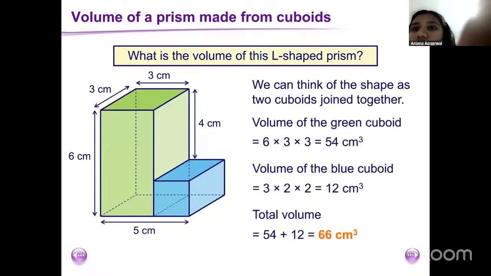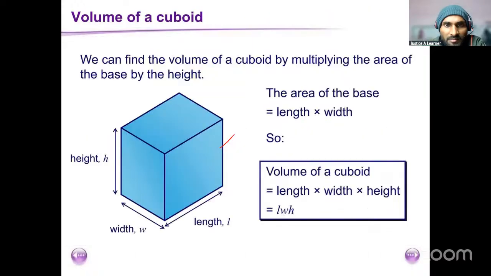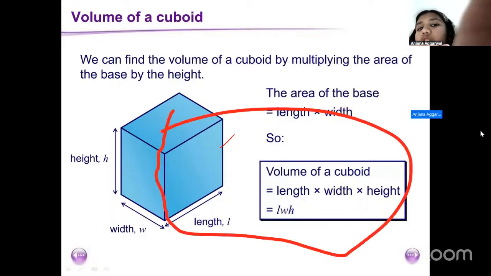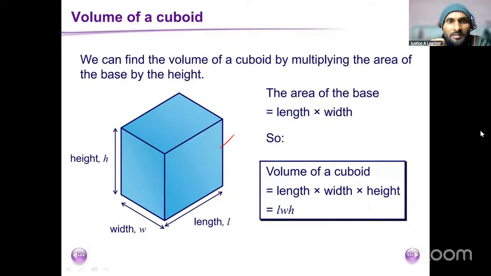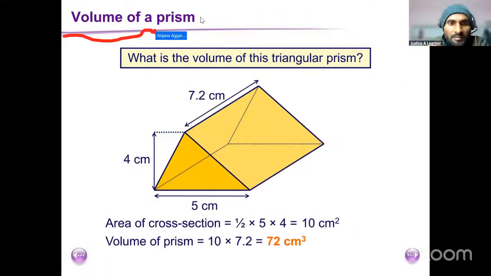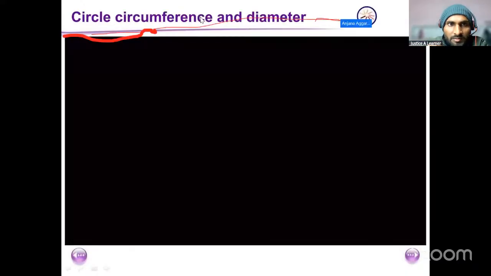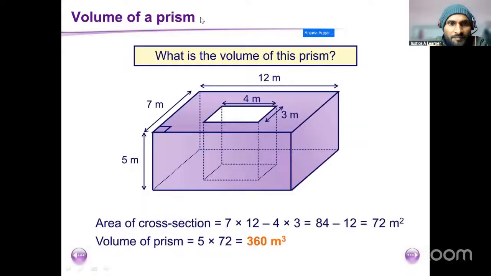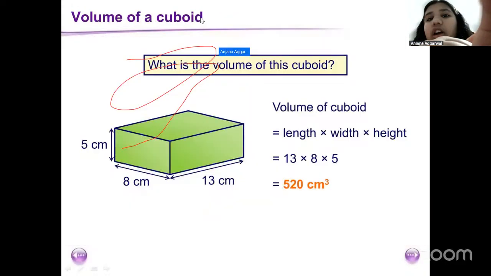So let's go ahead. Where is that? Why was there a black screen again? For writing sometimes. So we can find the cuboid. Wait, cuboid, and then where is it? Circle, diameters in circle. Where have you been?